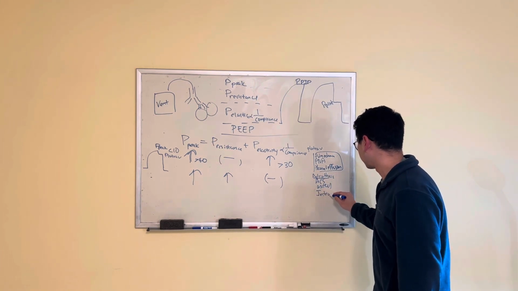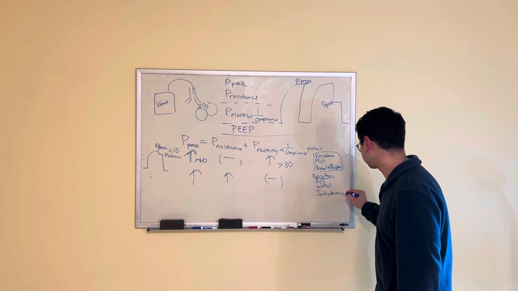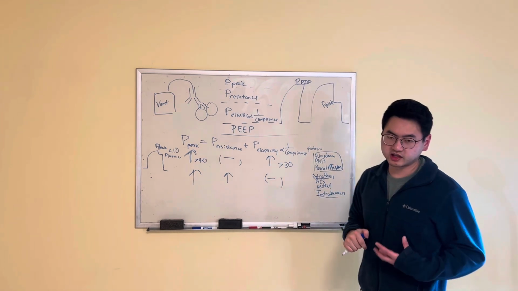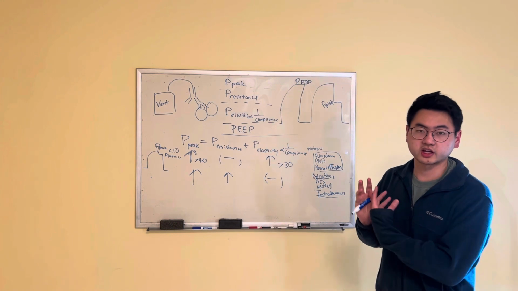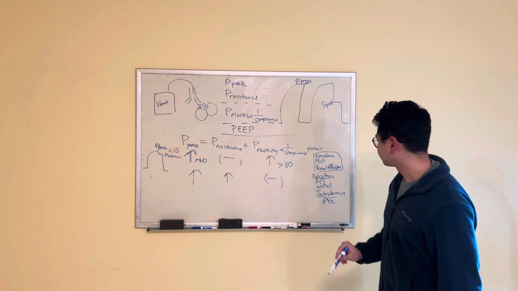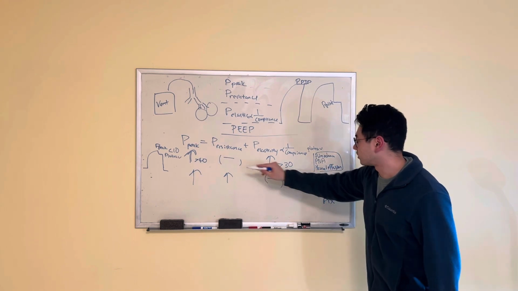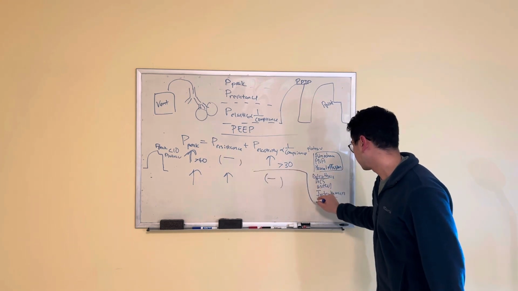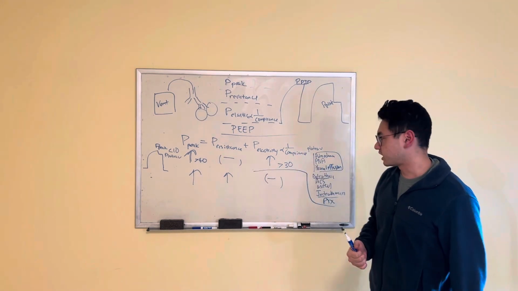The intrathoracic causes are going to be things like pneumothorax, where the lung can't push against the air. So this is all for things that affect the compliance.